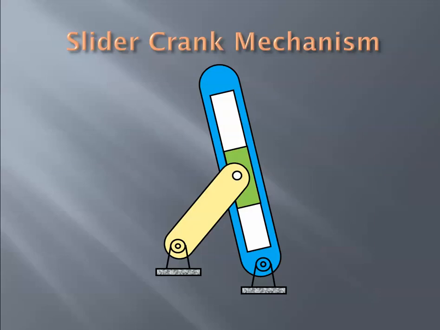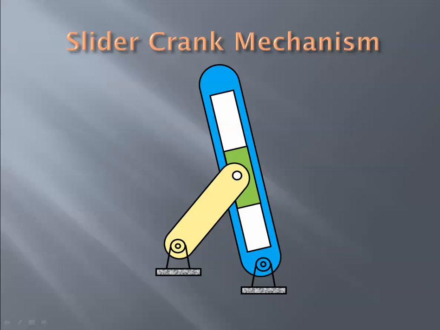Here is the inverted slider crank mechanism. It consists of 3 moving links and 1 frame, so it has 4 links. This link here is the crank, and it is pivoted to the ground. The light blue link here is the output link, and that link is also pivoted to the ground.